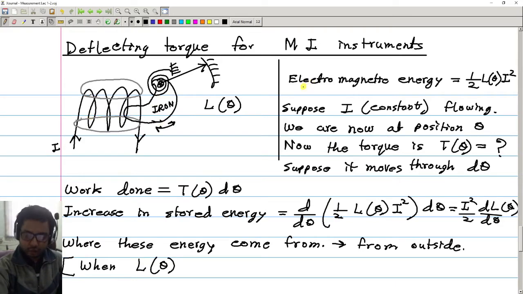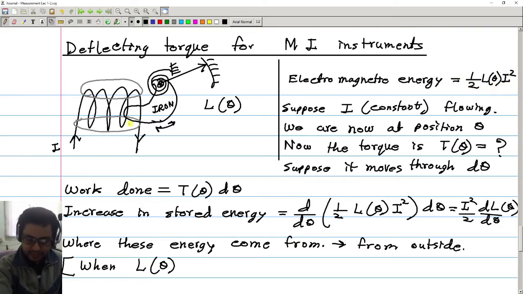So we will use the concept of energy conservation for this derivation, and recall that electromagnetic energy in any inductor is given by half L i square.